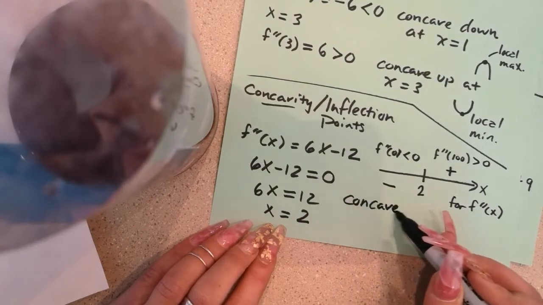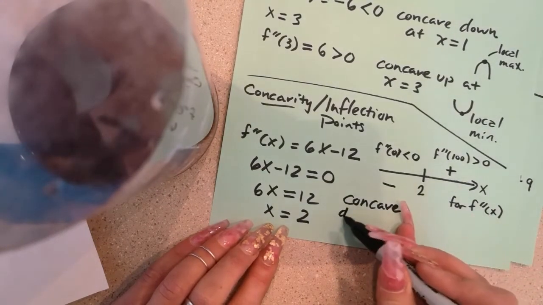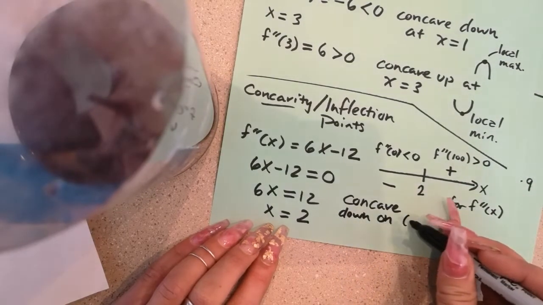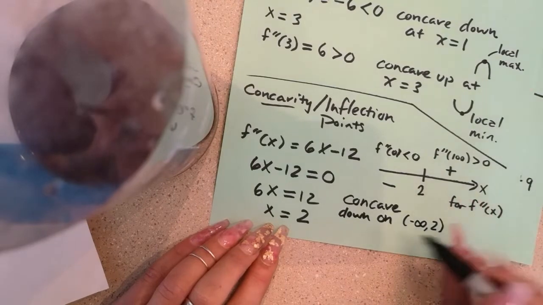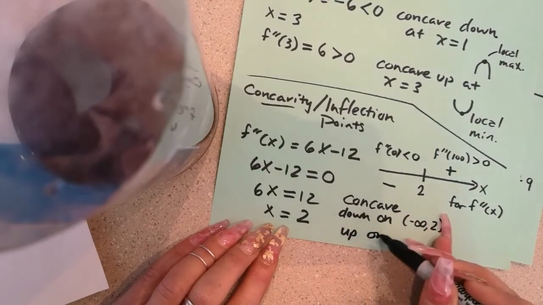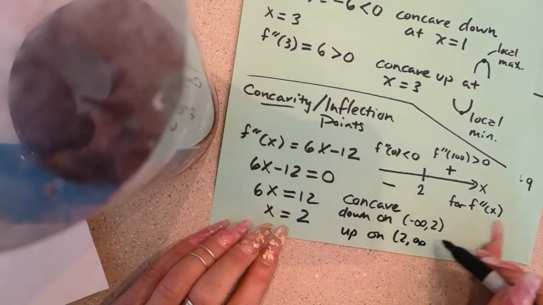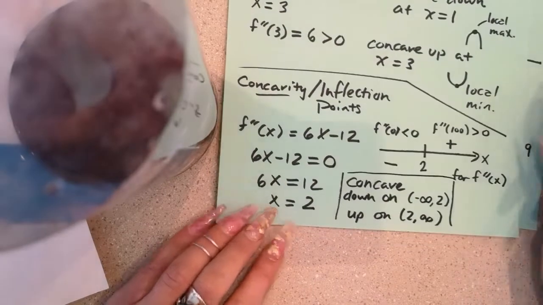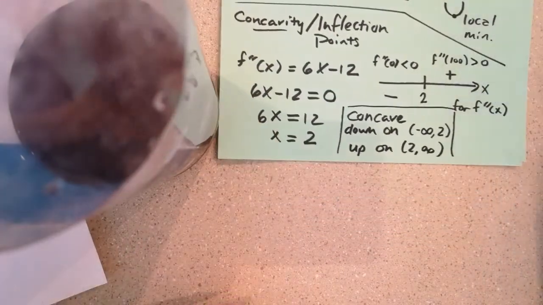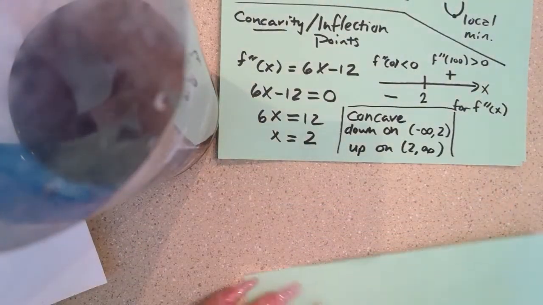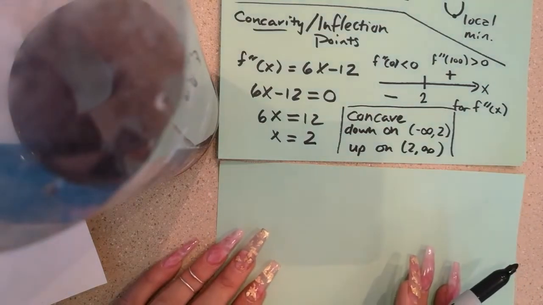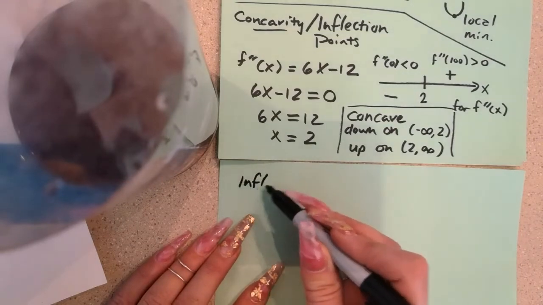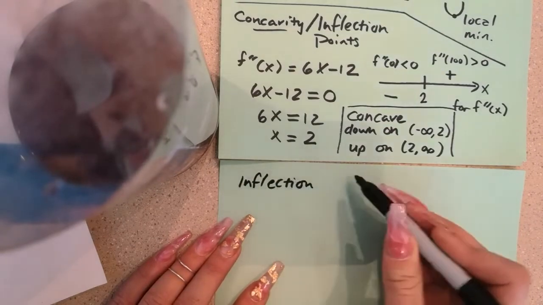Well, the graph has to be concave down on negative infinity to 2 and concave up on 2 to infinity. So there's another piece of information. So I guess then I do have a change in concavity. x equals 2 is in the domain of the function.